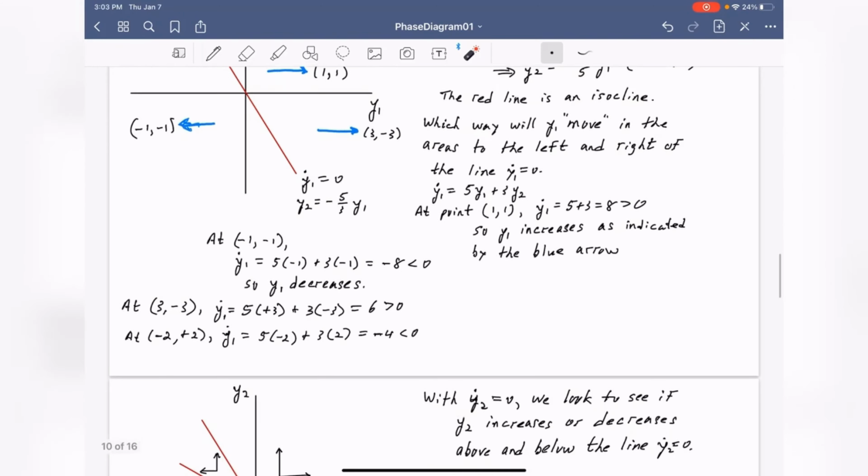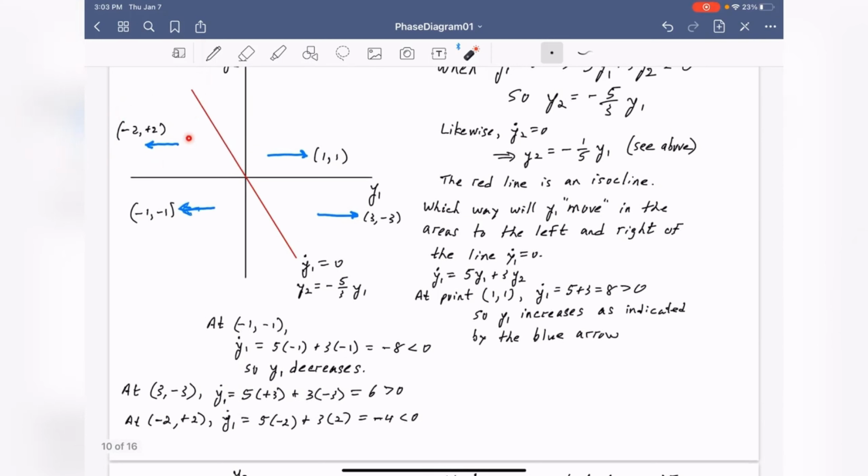So these arrows determine the direction of motion of y1 in this case, because we're looking at the y1 dot isocline. y1 is increasing to the right of that red line, the isocline, and to the left, it's moving to the left.